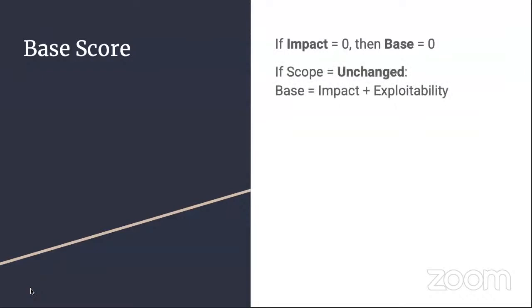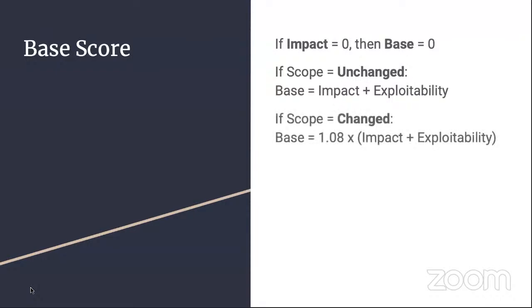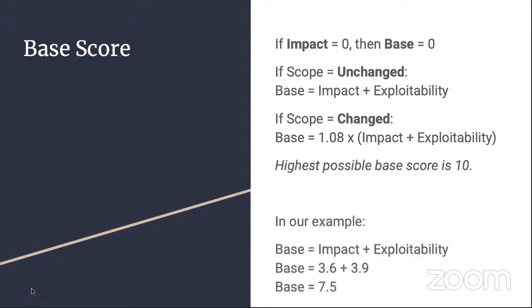If the scope is unchanged, then base equals impact plus exploitability. If it's changed, then we have to use a different formula, with the highest again being 10. So in our example, the scope did not change, so it's impact plus exploitability to give us that 7.5.